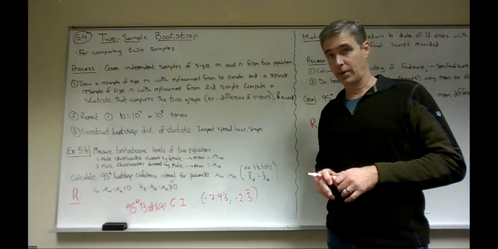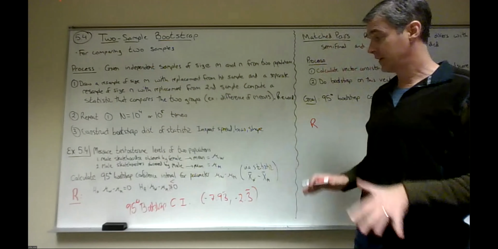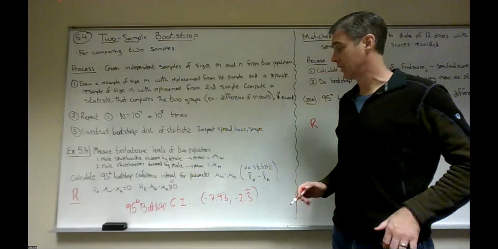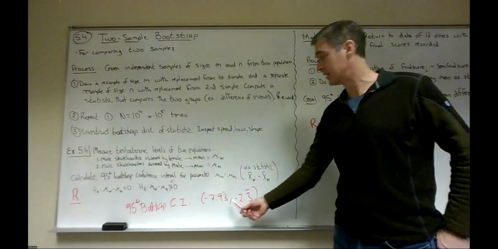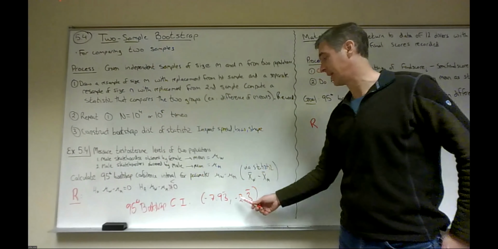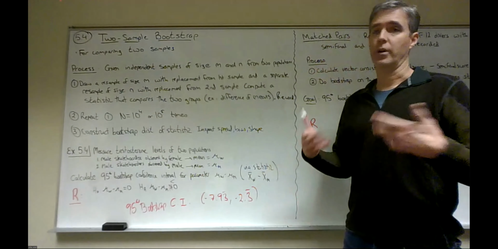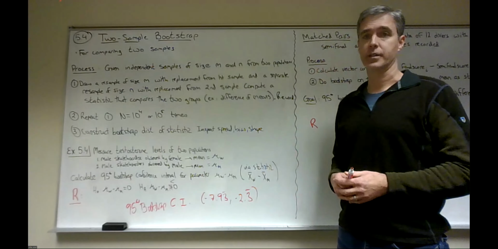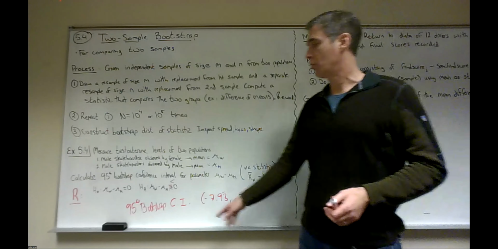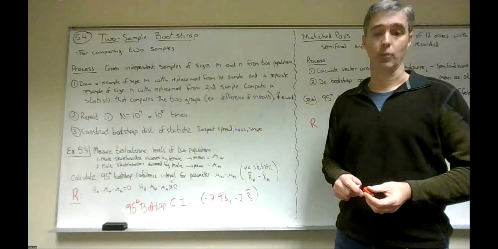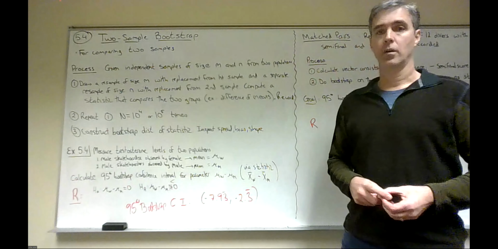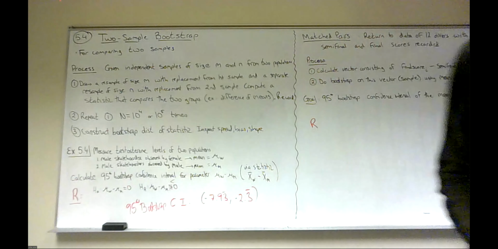So I could say I'm 95% bootstrap confident that the average difference in the testosterone levels between men being observed by women and men being observed by men is between negative 7.93 and negative 2.3, whatever the unit of testosterone measurement is. So that looks like it's supporting the alternate hypothesis. Okay, and I could calculate a p-value if I wish to. Right? Okay, so let's move over to the next example.